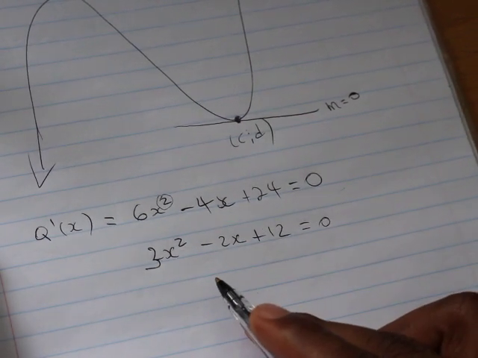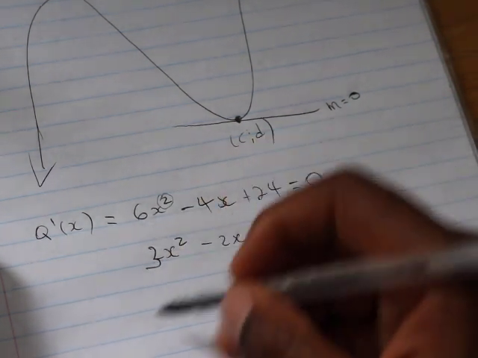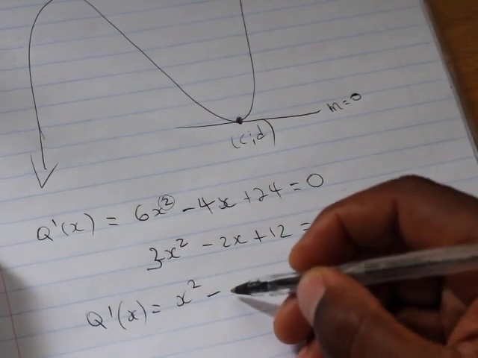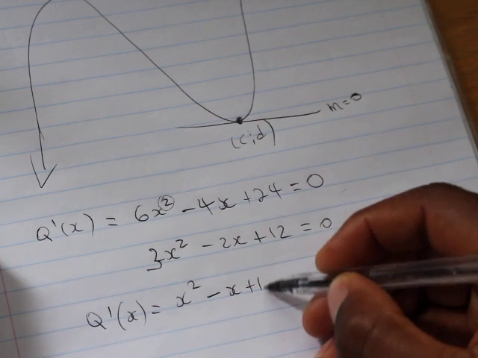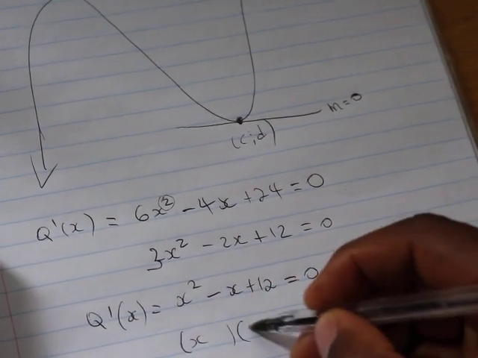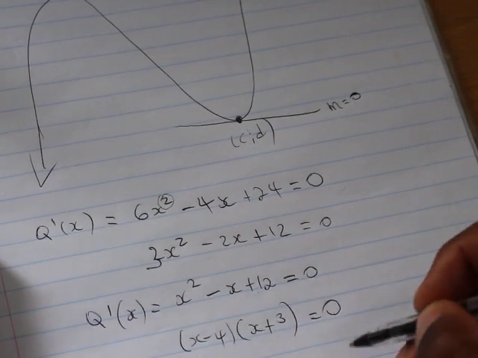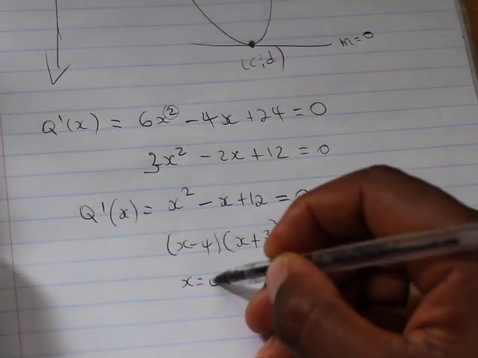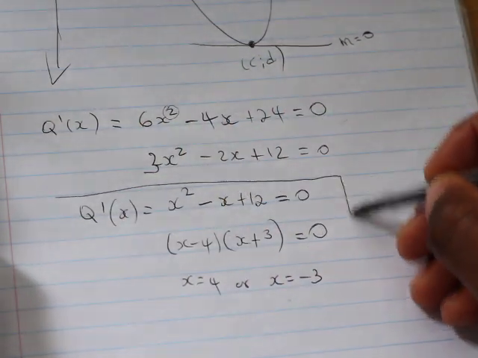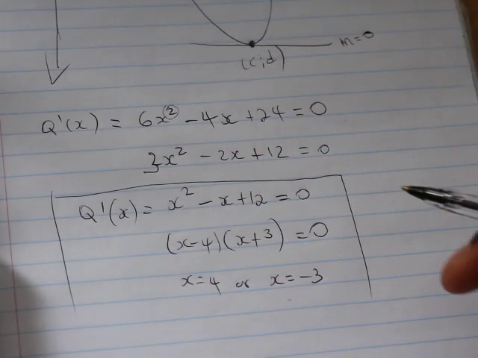In this case we can't really find the x values, but let's suppose that our q prime was actually x squared minus x minus 12 is equal to 0. Then we know that x is equal to 4, or x is equal to negative 3. We're just assuming here that our q prime of x is that, because this one doesn't have any real roots.